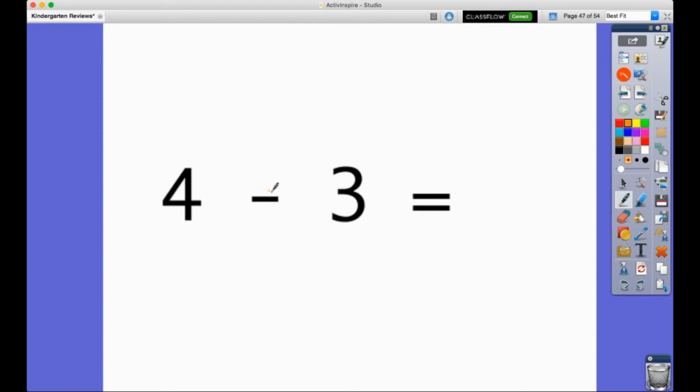What about this one? 4 minus 3. Turn to your partner or someone close by and tell them, how can you find 4 minus 3?